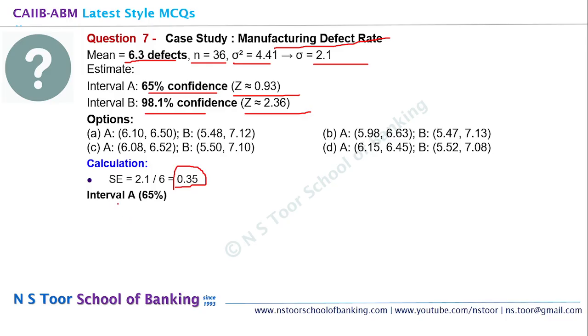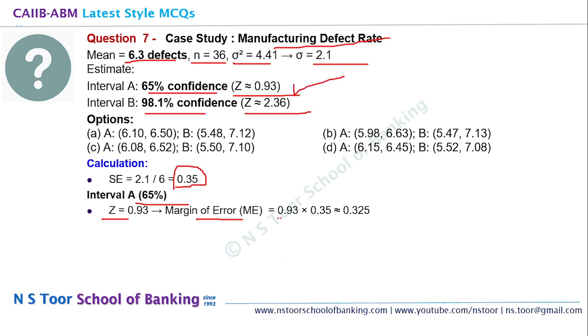For interval A at 65%, what is the Z? Z is equal to 0.93. So how shall I calculate the margin of error now? Margin of error is equal to Z into standard error. Z at 0.65 is 0.93.